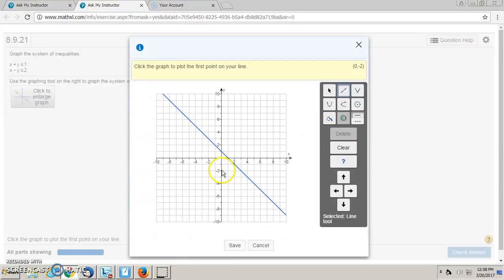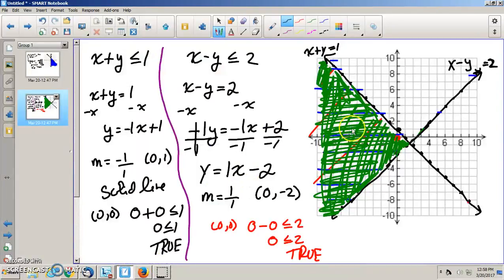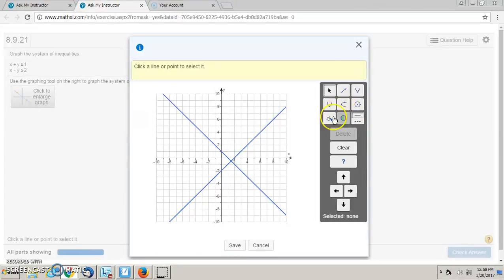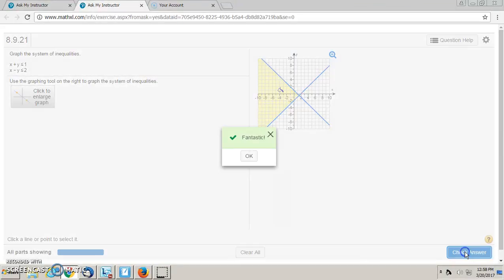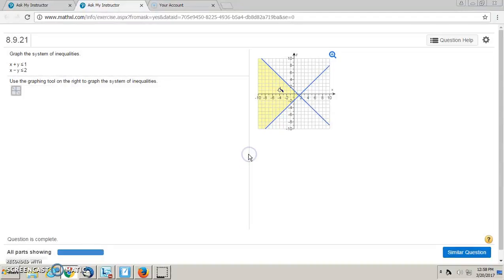Solid line. Start at negative 2, up 1, right 1. Okay. We've already graphed it on paper, so we know what this looks like. So now the shaded region just needs to be filled in. Save and check. Fantastic. All right.